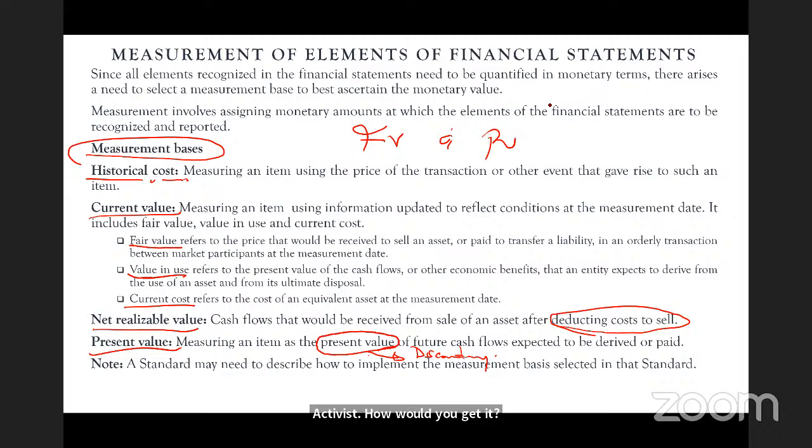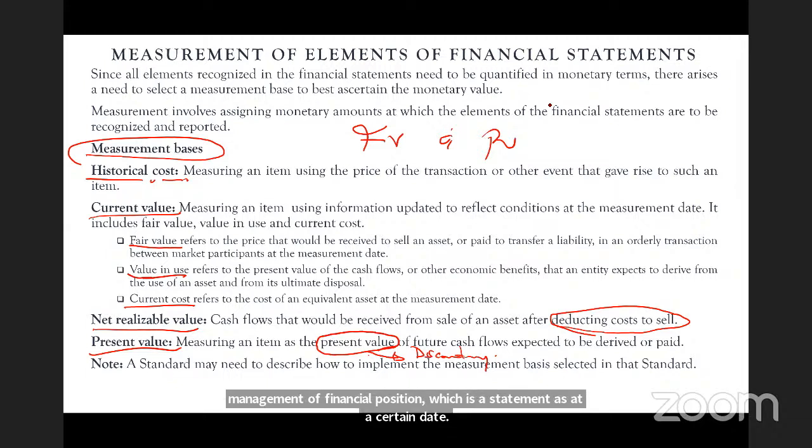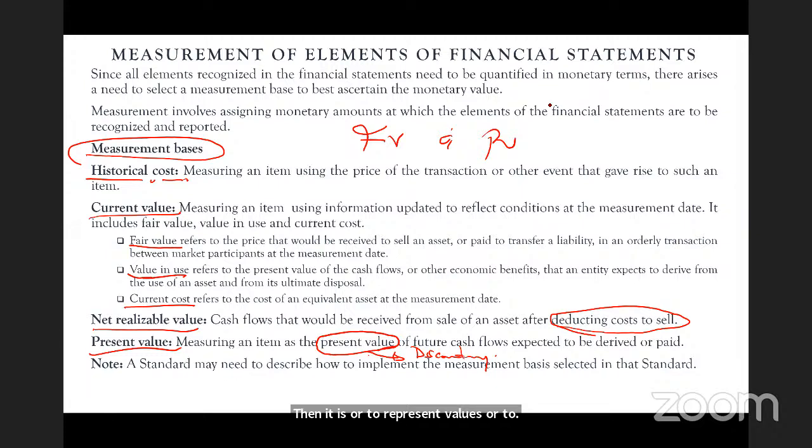Since such an item falls in a balance sheet, the statement of financial position, which is a statement as at a certain date, it is best if it represents values that try to depict the current situation.